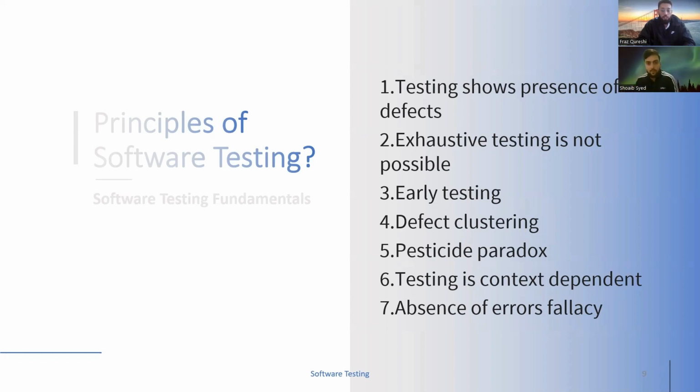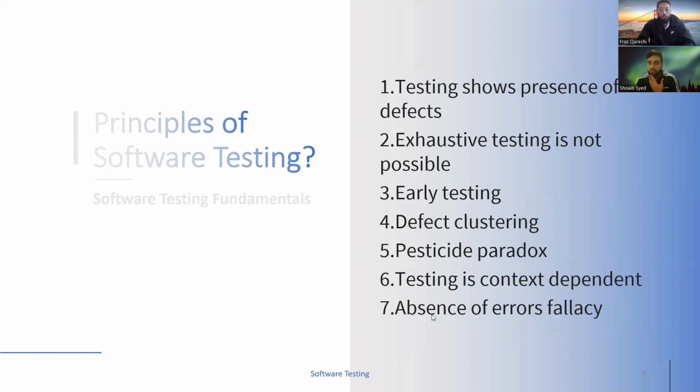Now the last one is absence of errors. Absence of errors, if you look at it, is totally opposite to testing shows presence of defects, right? If you're testing and there are no errors coming up, absence of errors is a fallacy.